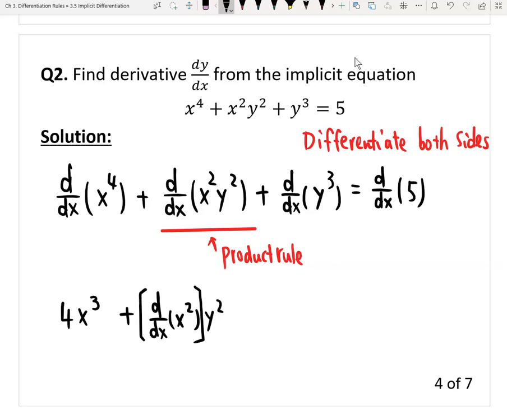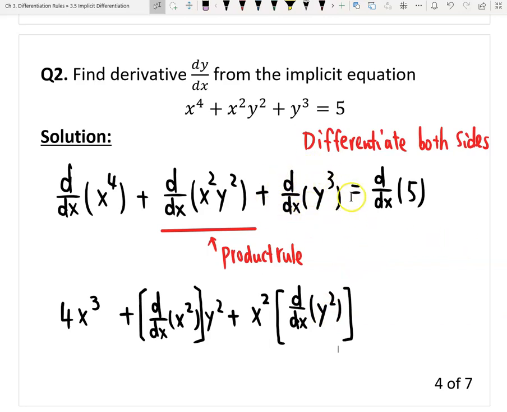This is the first, and then plus the first, x squared, times the derivative of the second, d/dx of y squared. This is the product rule, but we use the Leibniz notation, so you remember it's exactly the same as the prime. Now we move to the third term.